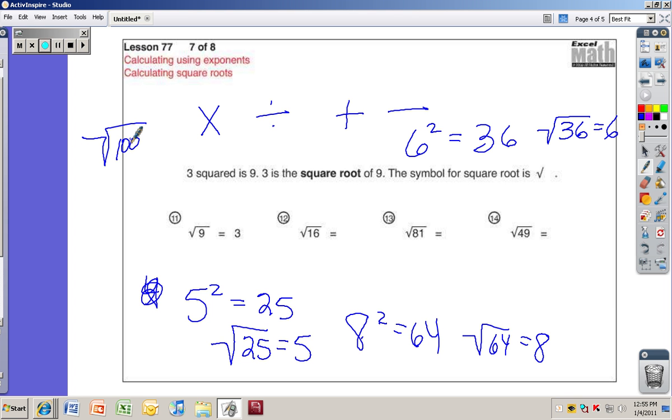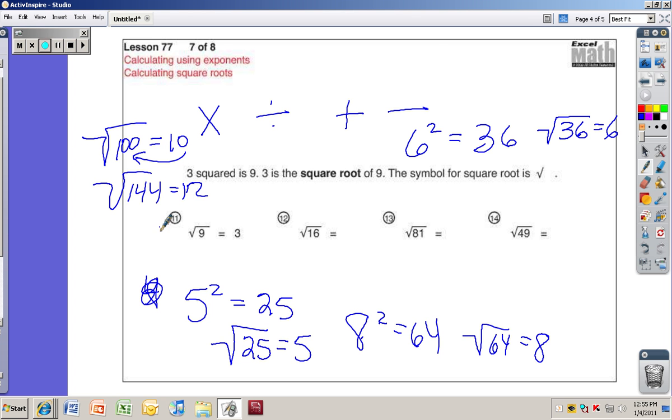No, a lot of kids say 50 for that answer. It's not 50. It's 10, because 10 times 10 is equal to 100. What's the square root of 144? 12, because 12 times 12 is 144.